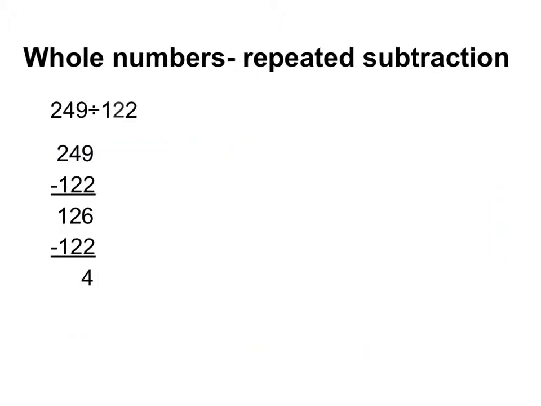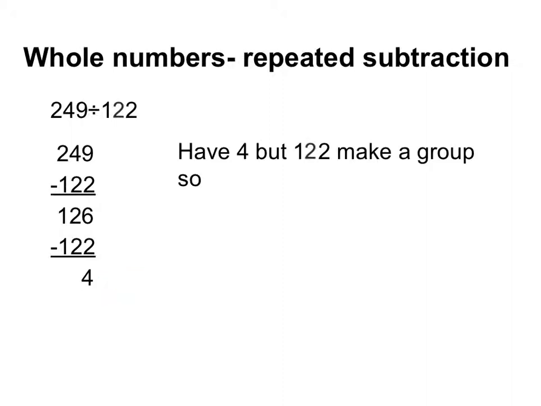So here I have repeated subtraction. I have 249 divided by 122. I subtracted 122, and then I subtracted 122, and then I had 4 left over at the end. To figure out what to do with that remainder, I have 4 left over, but 122 make a group, which tells me that 249 divided by 122 is 2 and 4/122.